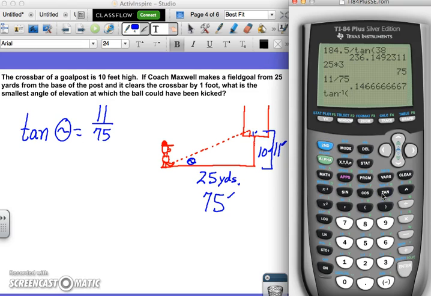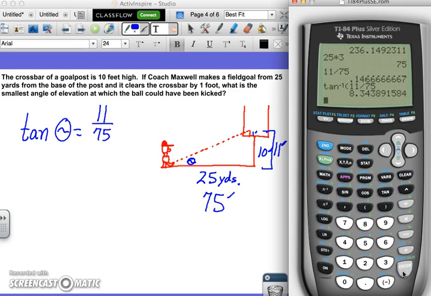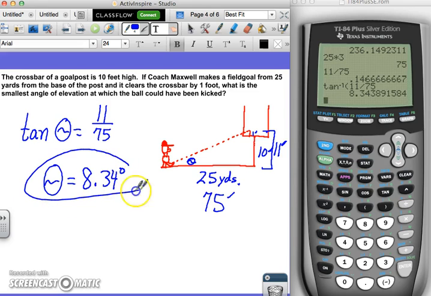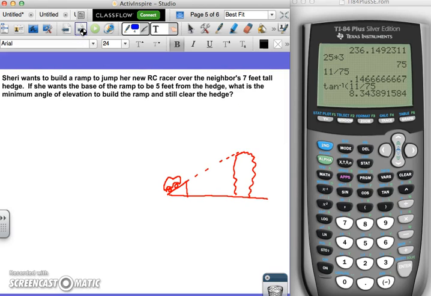So second tangent, tangent to the -1 of 11 divided by 75. And we find that what is the minimum angle that I would have to kick it at? It would be 8.34 degrees. That is the smallest degree angle I could kick that at and still clear that crossbar according to that one. So, all right, so let's try another one.